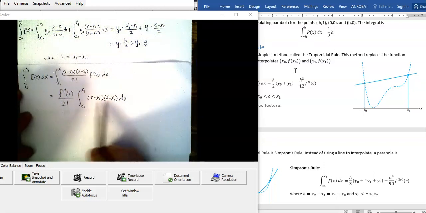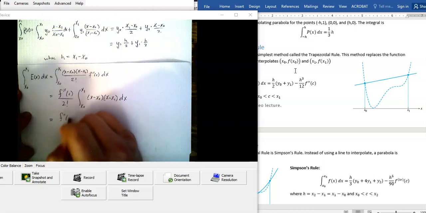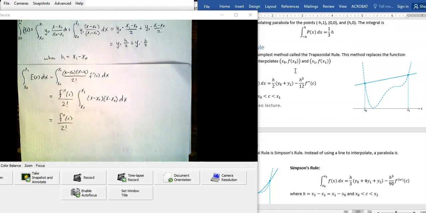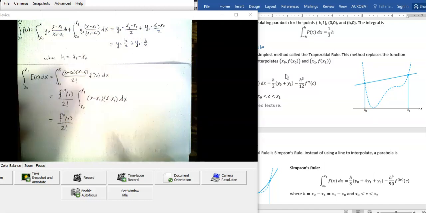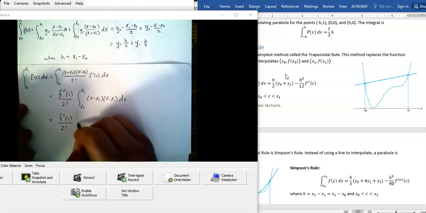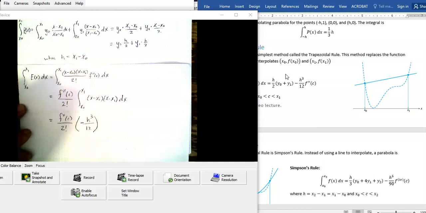This integral is not too bad to calculate, and if we actually go through and do it, we get negative h cubed over 12.